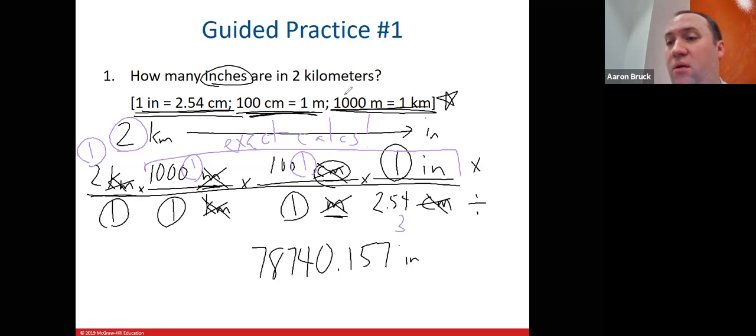More often than not with unit conversion calculations such as these, our significant figure factor is going to be how many significant figures were in the original measurement. The original measurement here, 2 kilometers, had 1 significant figure, which means that our answer is going to have 1 significant figure as well.